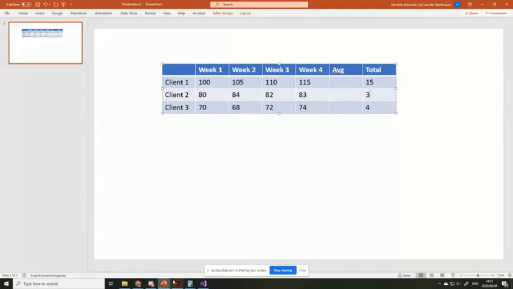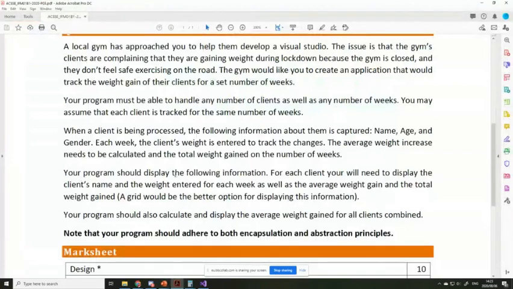Yeah, but if you look at the question, it tells you your program should display the following information. For each client, you will need to display the client's name and the weight entered for each week, as well as the average weight gained and the total weight gained.